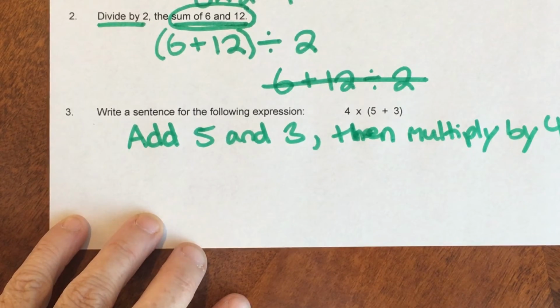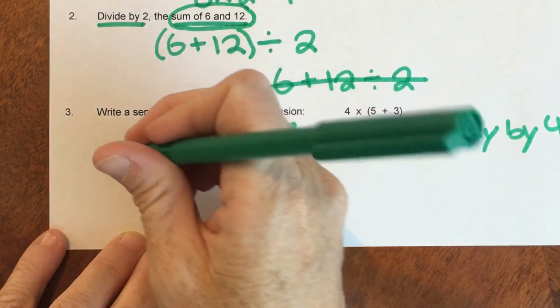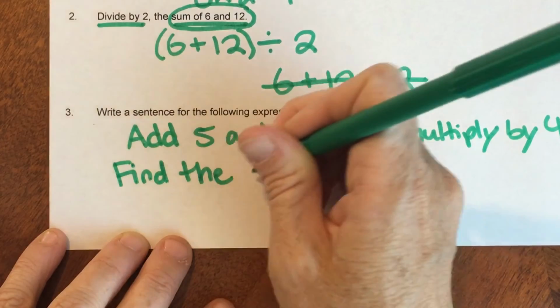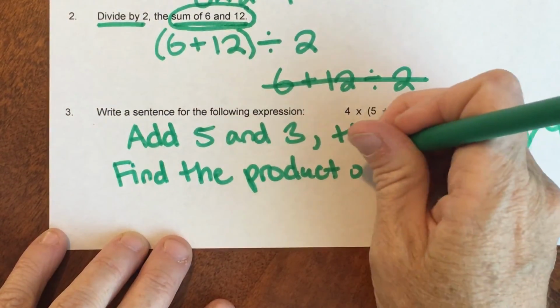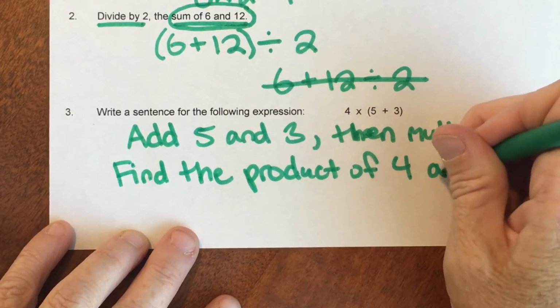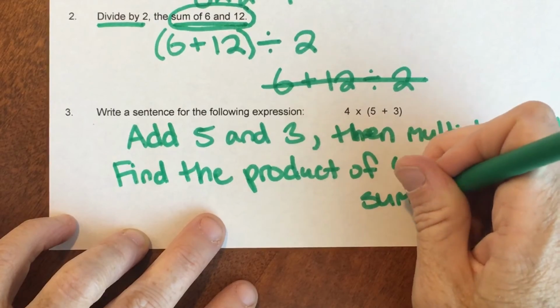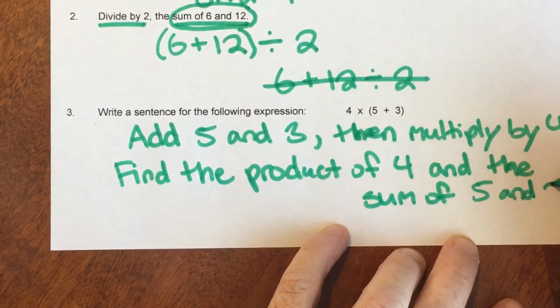I could also make it maybe a little more tricky and say, find the product of 4 and the sum of 5 and 3.